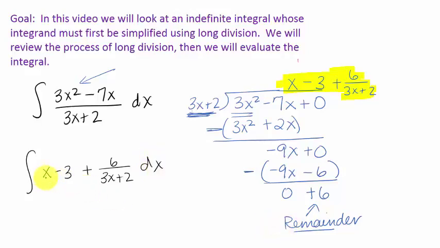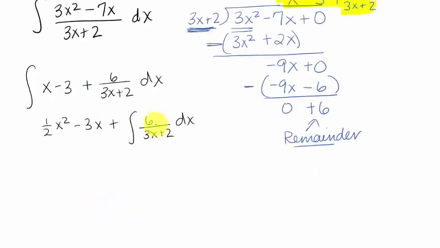The integral of x is 1/2 x squared, minus 3x, and then we have to deal with this integral. Now, I like to factor out the 6, so I'm going to turn this into 1, put the 6 out here, and because the degree of the denominator down here is now 1, and we have a constant in the numerator, this is going to turn into a natural log.